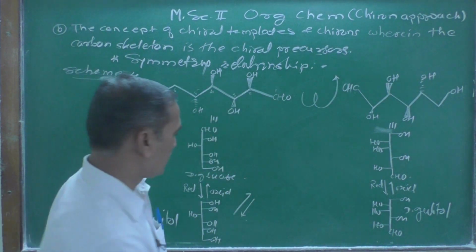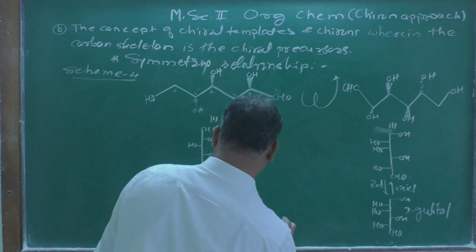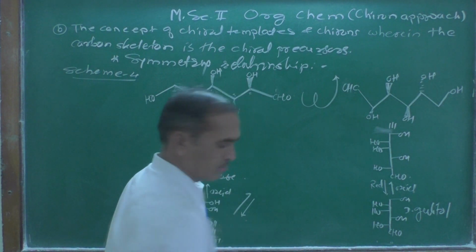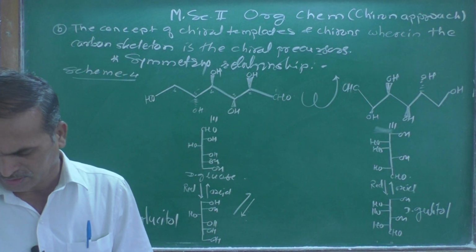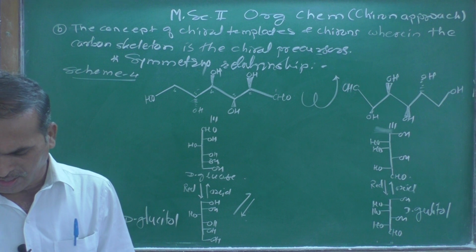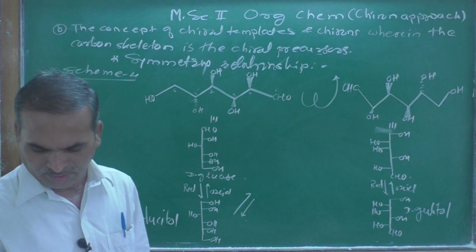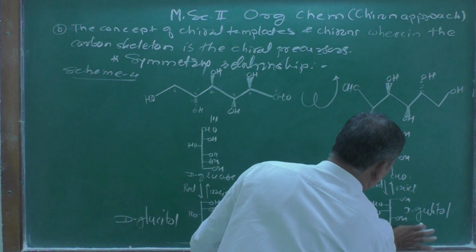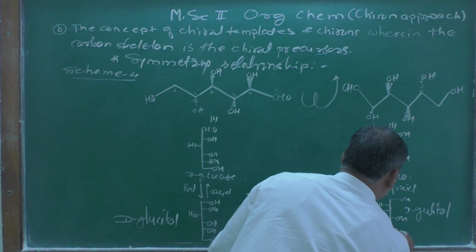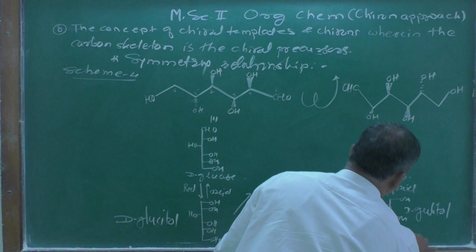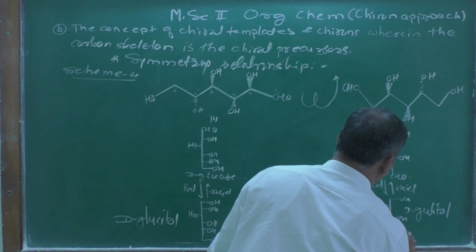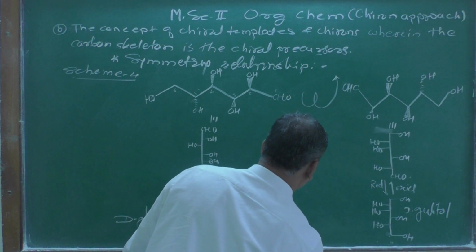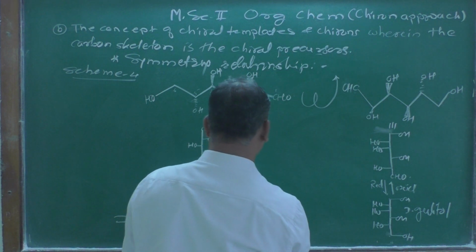So here, this structure and this structure, what can we call them? They are identical. OH, here also, sorry, here is an OH, 1, 2, 3, 4, 5 and 6. These two groups are also identical.